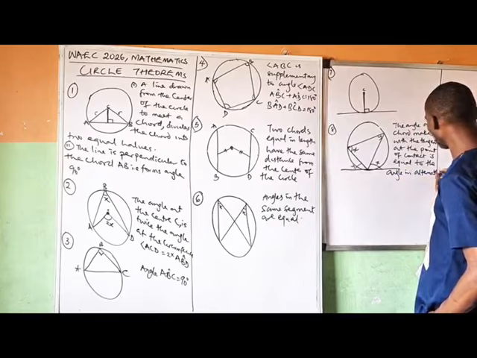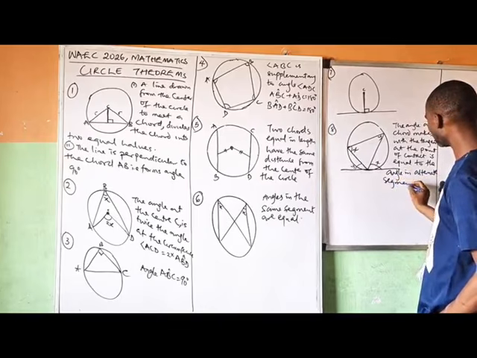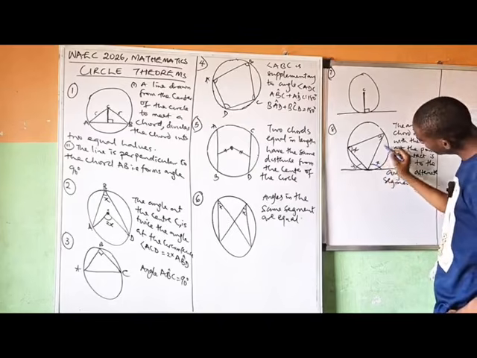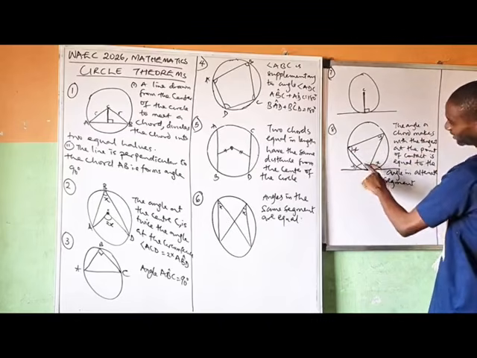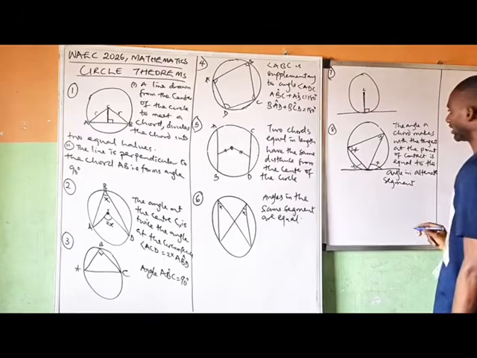This is the point of contact. So this angle from this chord to the tangent, all right, is equal to this angle. And then this angle here is equal to this angle here.